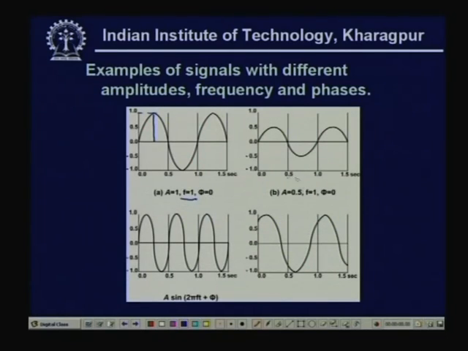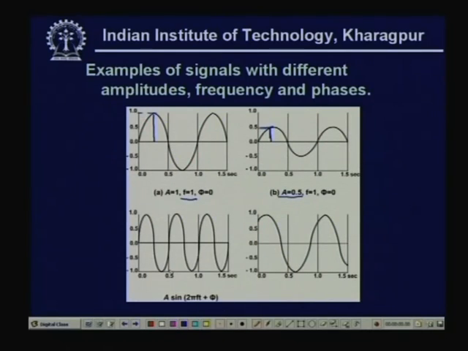Now, here is another signal. Here the amplitude, as you can see, the peak value is 0.5 with respect to this, so A is equal to 0.5. Frequency is the same, it is repeated after 1 second, and here also phase is 0.